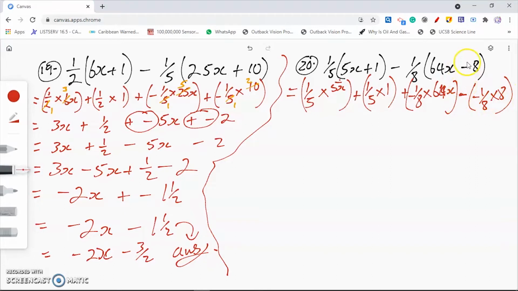Since I bring down the negative sign, I didn't have to put it before the 8 there again. If I had a plus sign here, then I would have had to bring down the negative sign before the 8. Good.